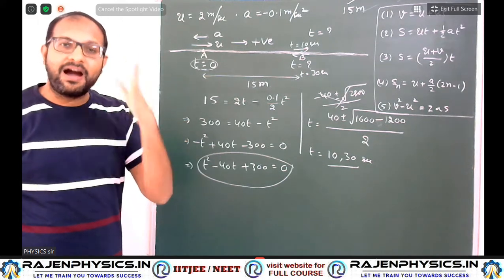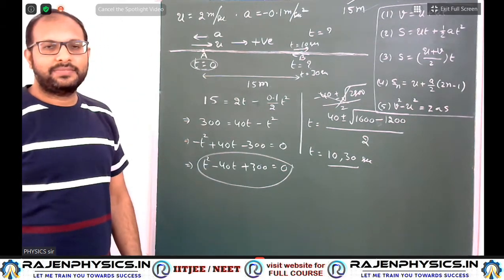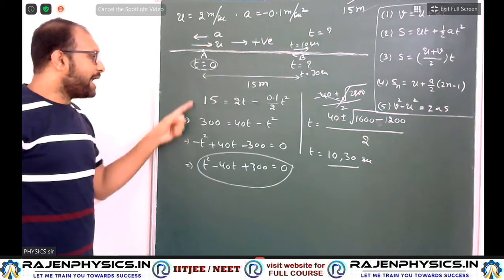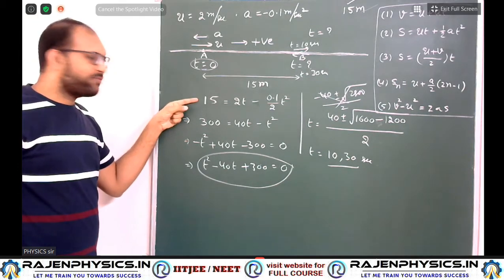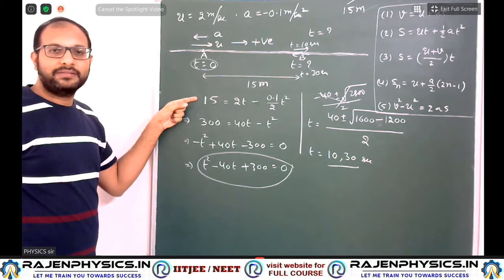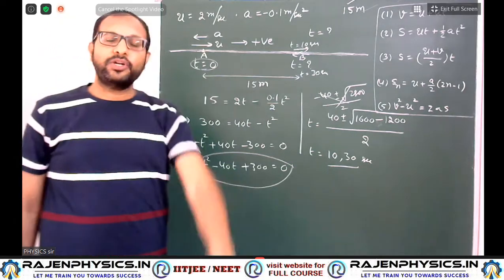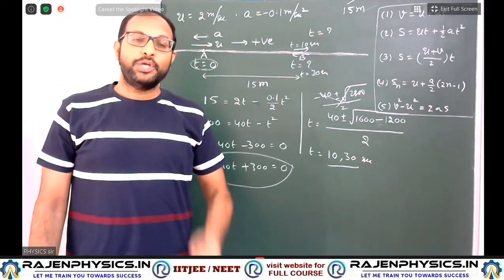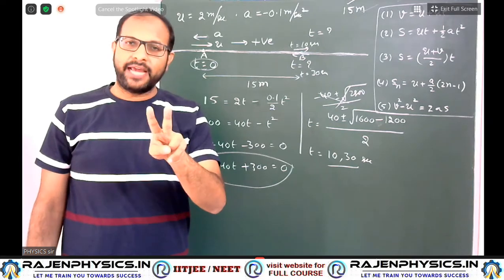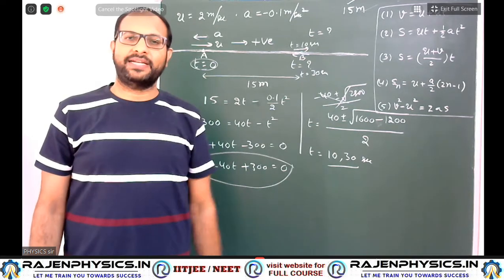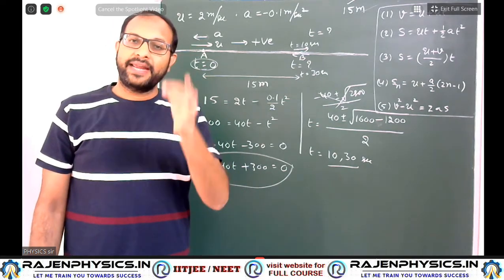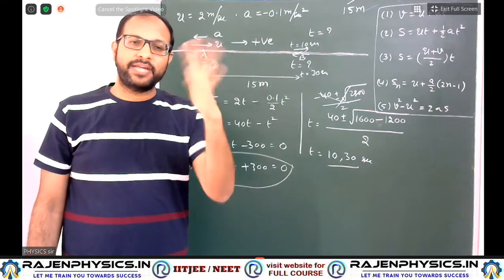That another answer is here. But after taking minus 15, 10 and 30 you won't get. You will get again 2 times, but one negative time and one positive time, and negative time is not acceptable.